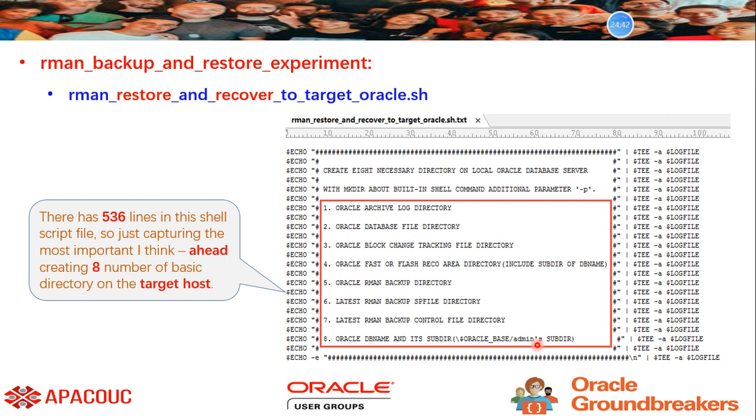I create 8 basic directories on the target host, including these directories: archive log, database, archive log, database file, block change tracking file, and so on.